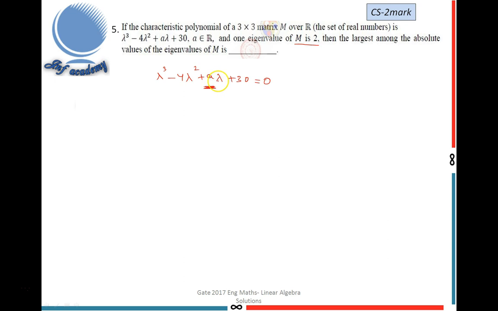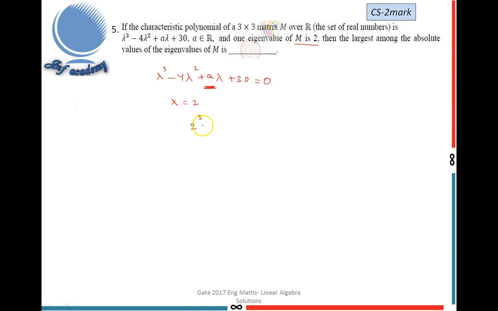So every eigenvalue satisfies the characteristic equation. In this problem, one eigenvalue is given, that is 2. So 2 satisfies this characteristic equation. So you put lambda equal to 2.